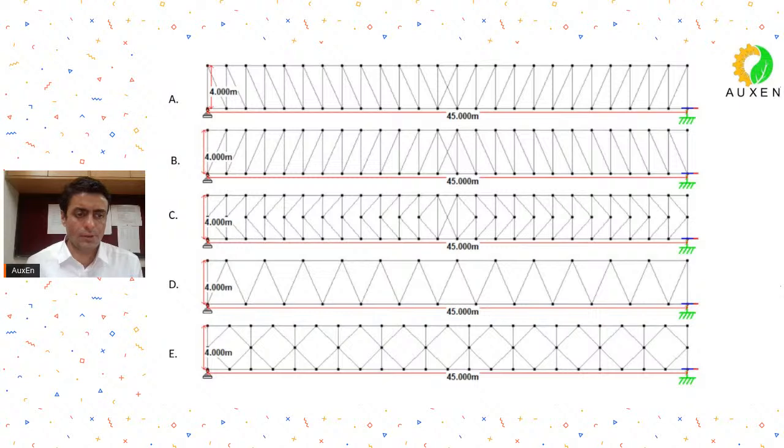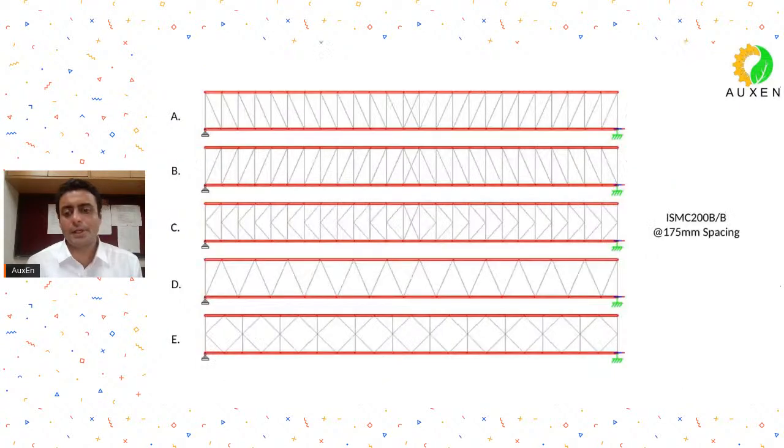And as I told you, standard loads have been applied, standard properties have been taken. So the top chord and bottom chord is ISMC 200 back to back, having a spacing of 175 mm center to center.